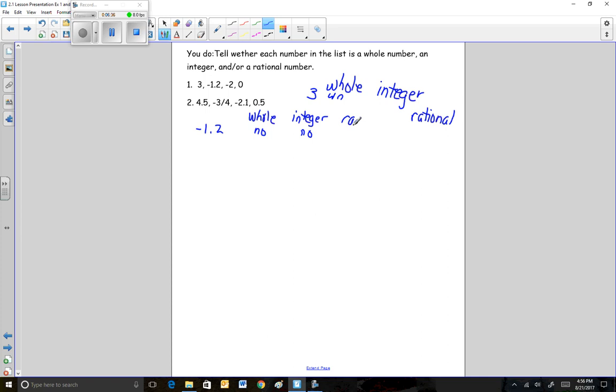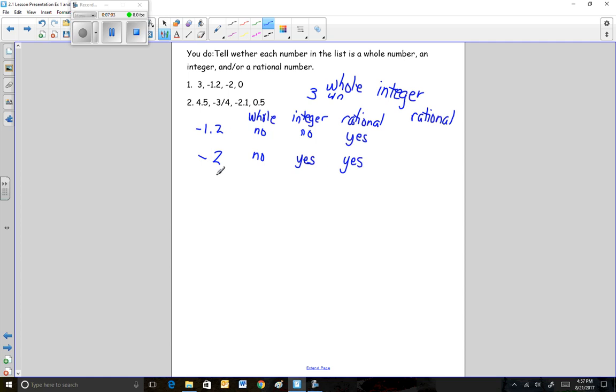Is it a decimal that stops and does not go on forever? Yes. Okay, let's try negative 2. Is it a whole number? No. Is it an integer? Yes, because it has a negative. Is it rational? Yes.